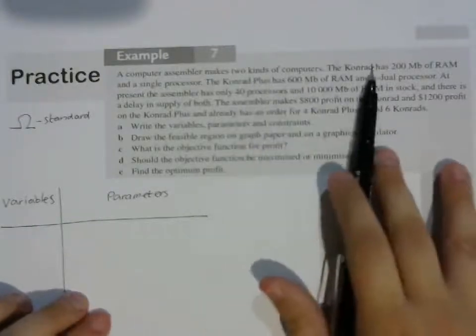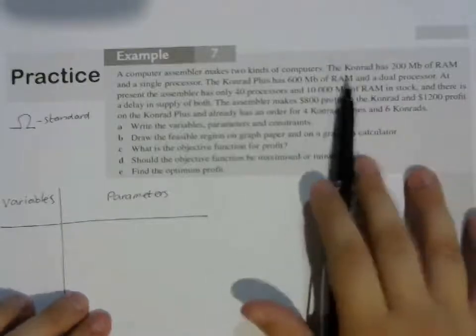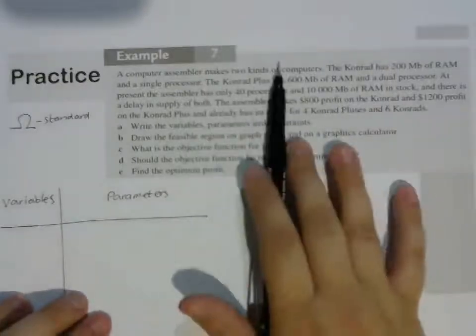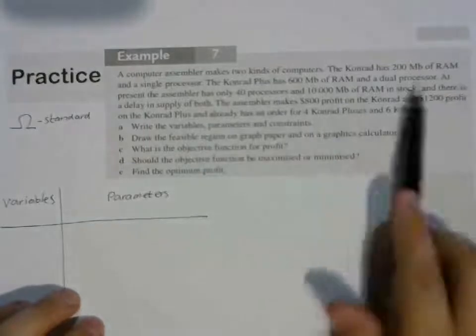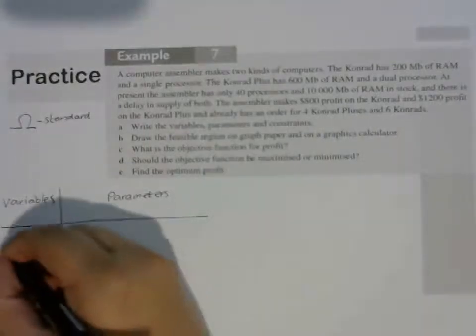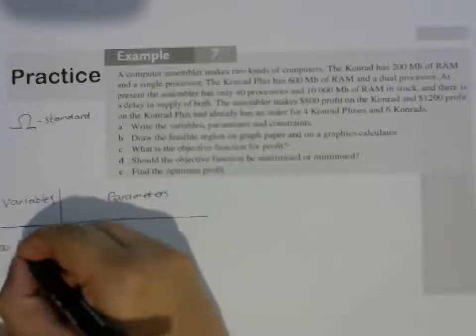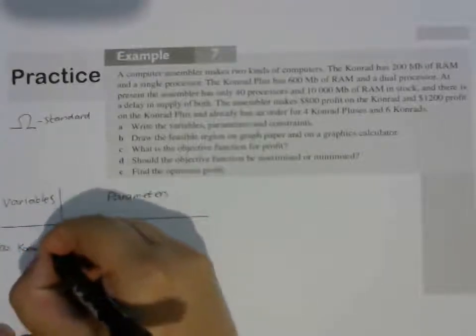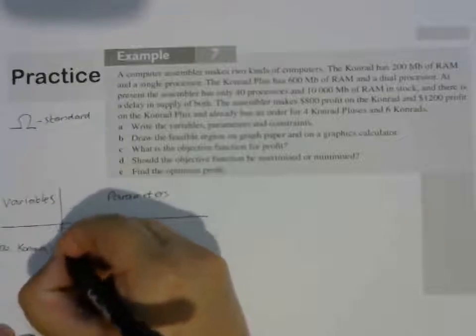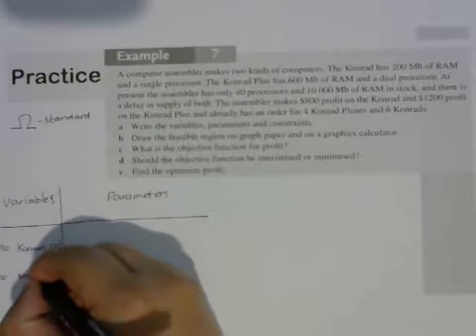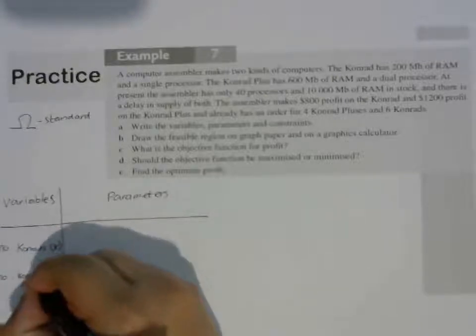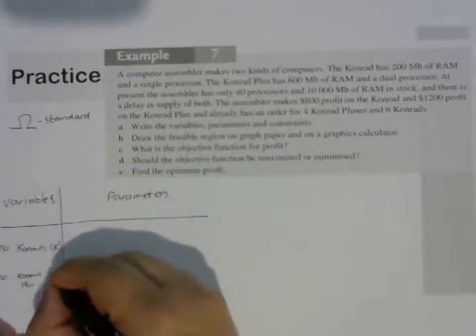However, I can change the number of Conrads I have and the number of Conrad Pluses I've got. And that certainly is a number value, and we certainly can change that, and it will affect everything else. So my variables here are the number of Conrads, I'm going to call it K, and the number of Conrad Pluses. I'm going to call that one P for plus.